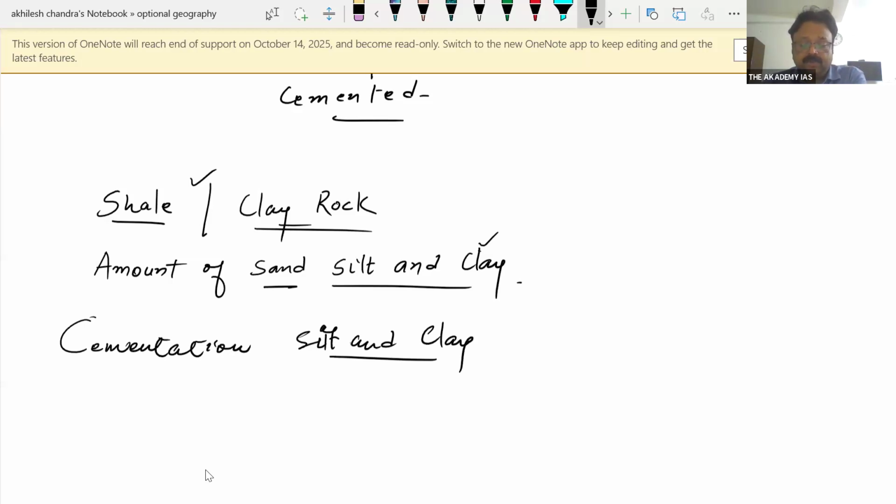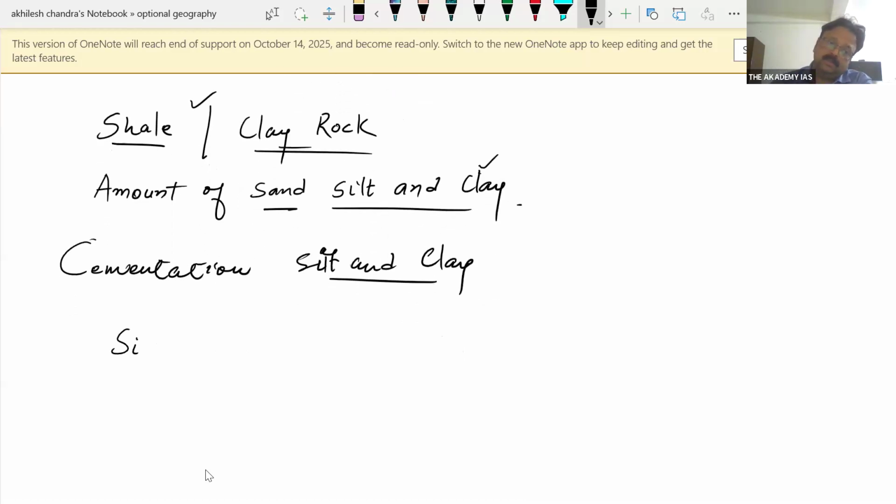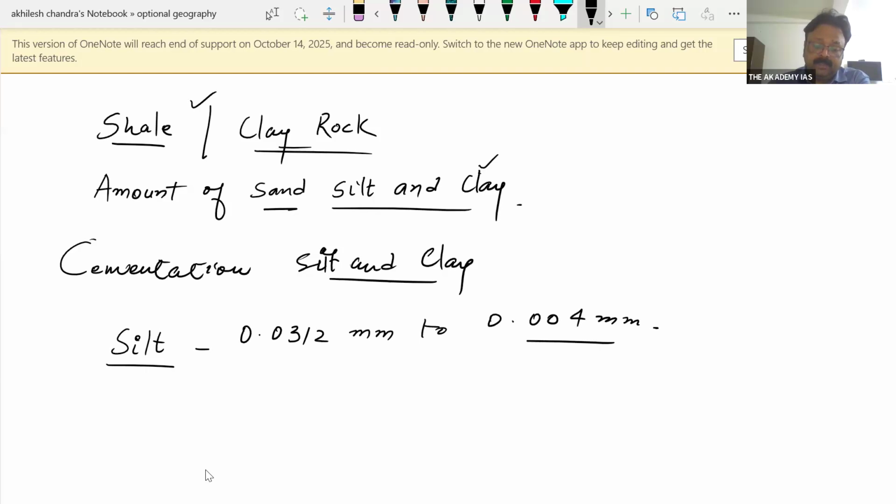If you see the size of silt and clay, it is even smaller. Silt has an average size ranging between 0.0312 millimeter to 0.004 millimeter. And clay is even smaller.